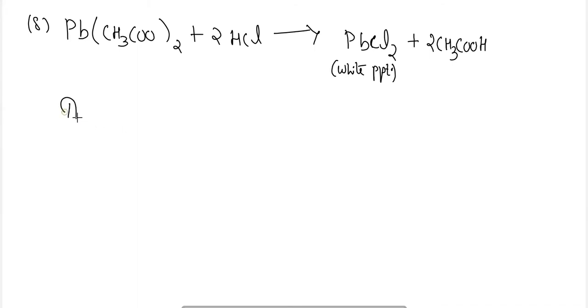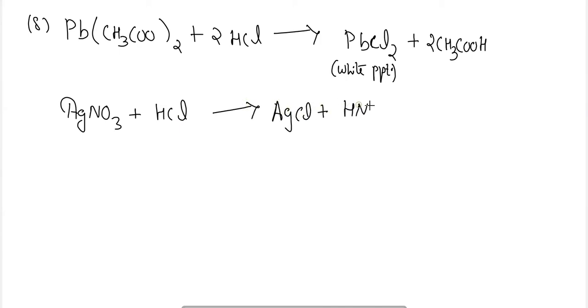With silver nitrate, HCl reacts to form silver chloride plus HNO3, where silver chloride is also a white precipitate.